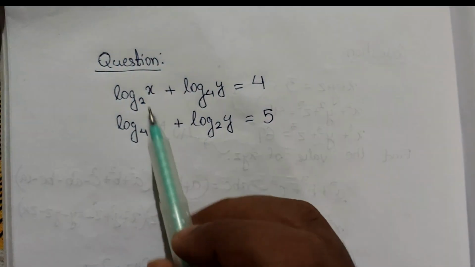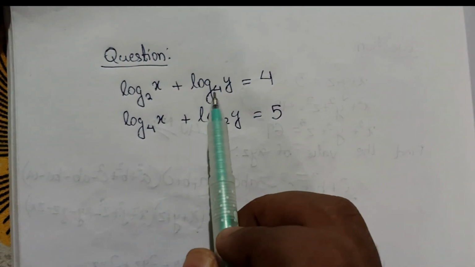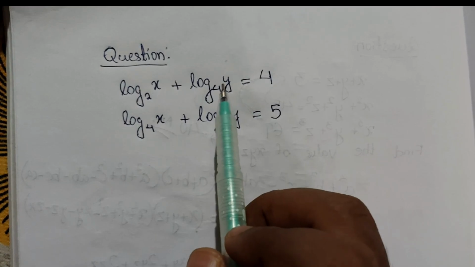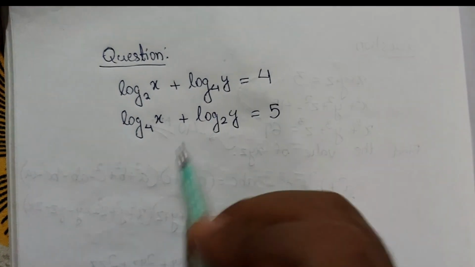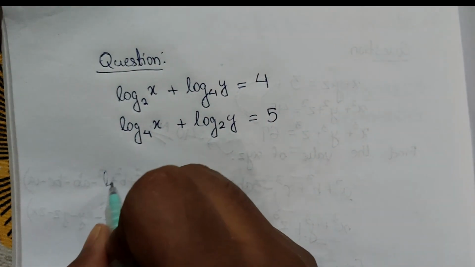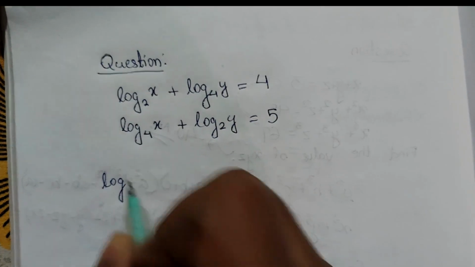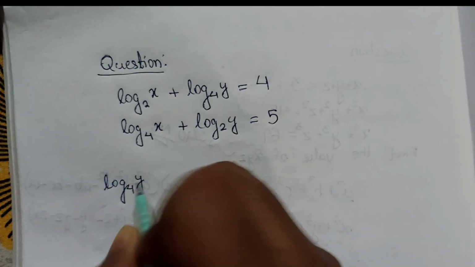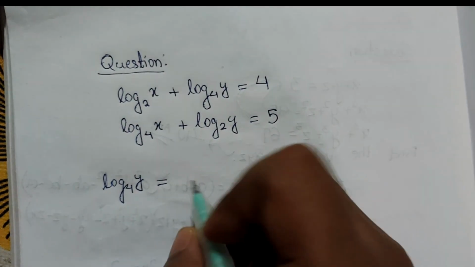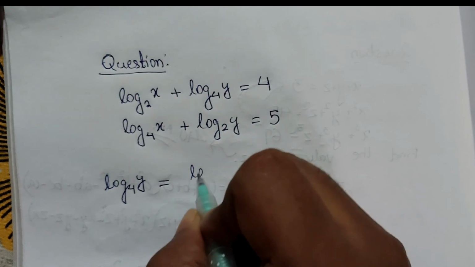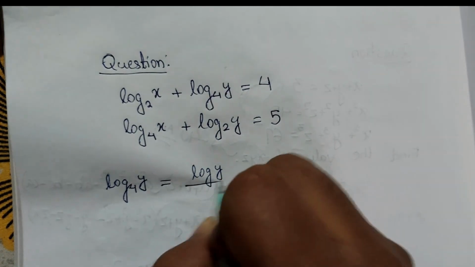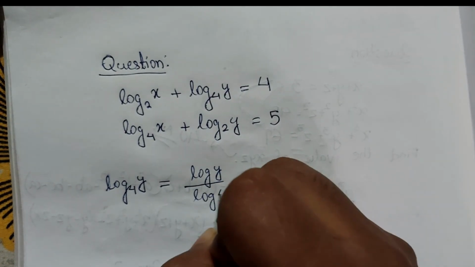So let us first try to write log base 4 of y in the form of a base 2 number. So we write log base 4 of y equals log y by log 4.